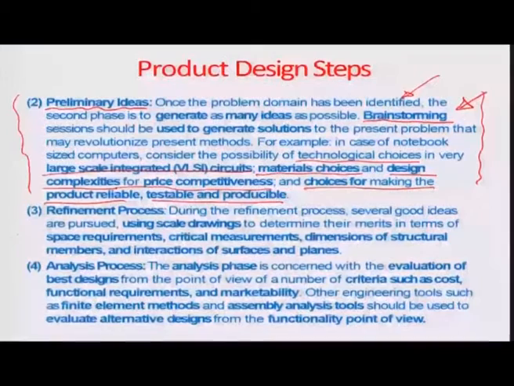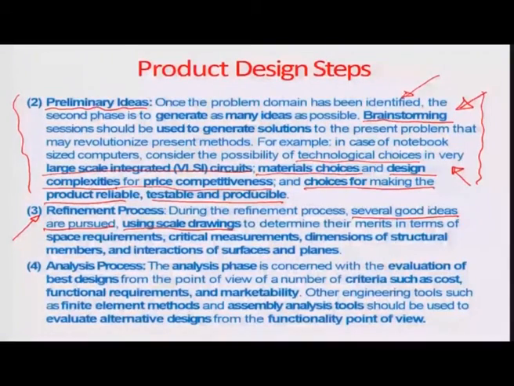The next step, once this ideation process has been done, is a refinement step, where realistic decisions have to be taken. Here is the refinement process through which several good ideas are pursued out of whatever idea rack has been generated in the last step, and the refinement can generally happen using scale drawings to determine merits of different ideas, maybe giving a quantitative scale to the merits.